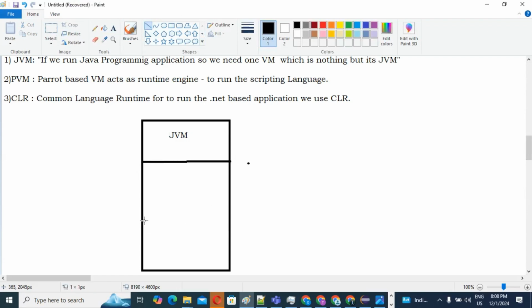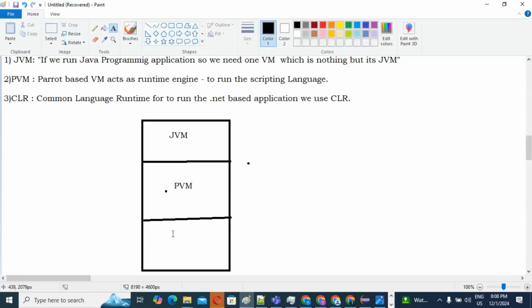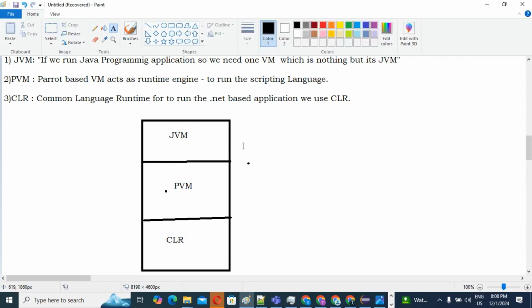Suppose this is our PVM, and last, let's suppose CLR. So what exactly are all these virtual machines doing here?